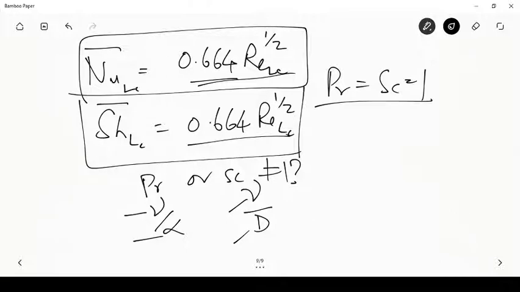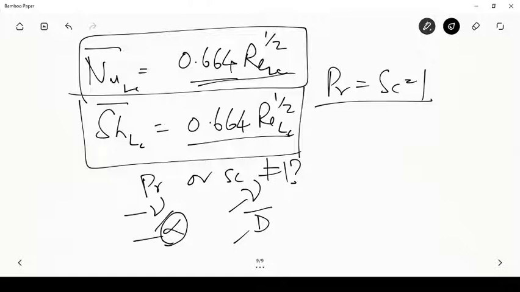So what do you mean by Prandtl number not equal to 1? It basically means that alpha, the thermal diffusivity, is not the same as nu, but can be different. If I choose a liquid instead of gases, nu will be higher for liquids than for gases, and so the alpha value will determine what the Prandtl number is.